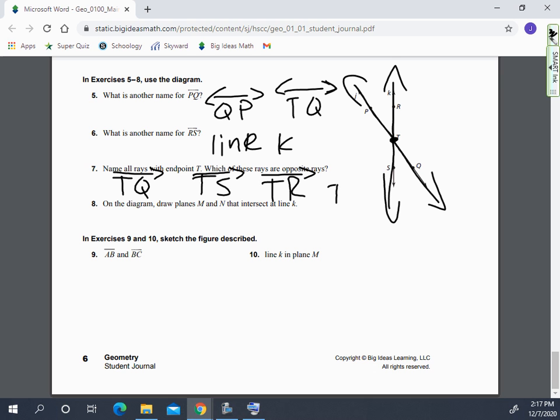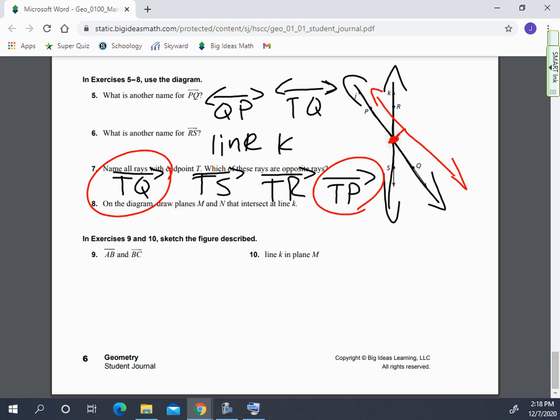We have to say TP. Which of these rays are opposite rays? TQ, its opposite ray is TP, because they both start at T. One goes at TQ, one goes at TP. The other two are TS and TR.